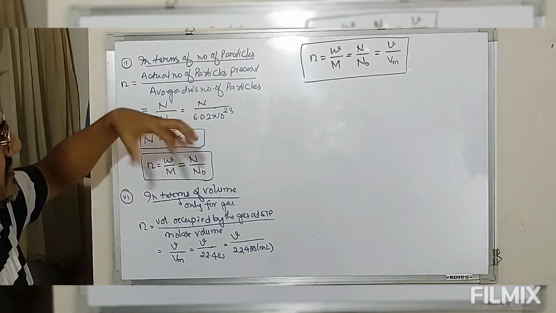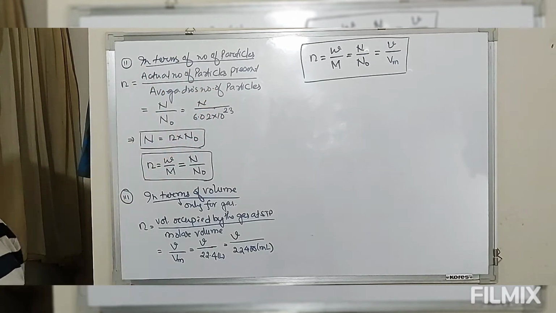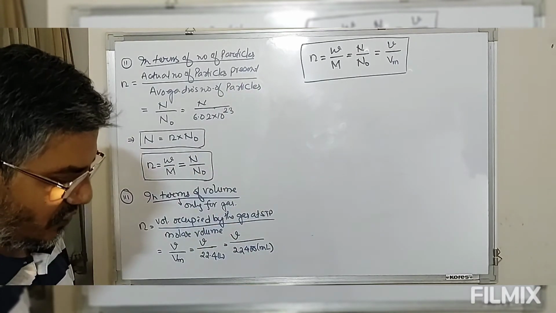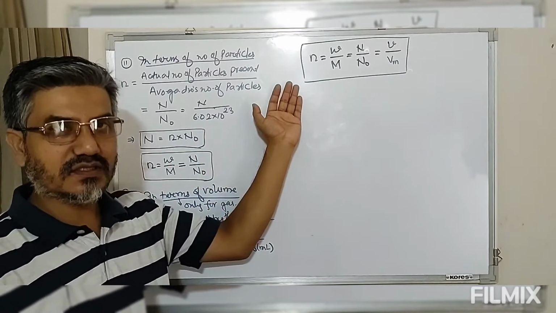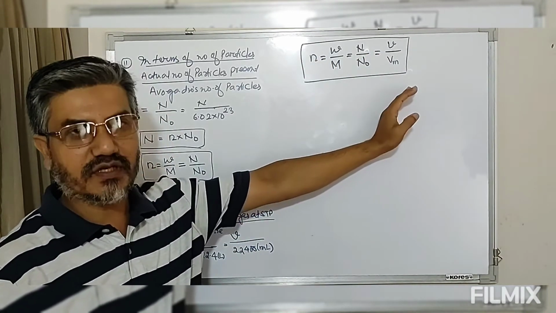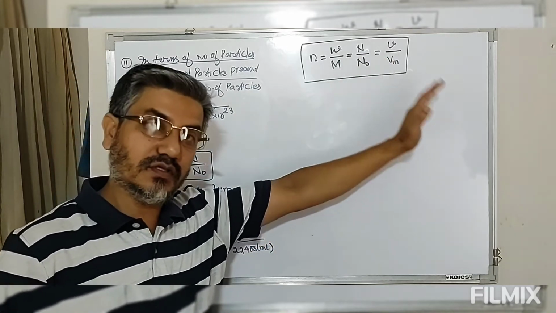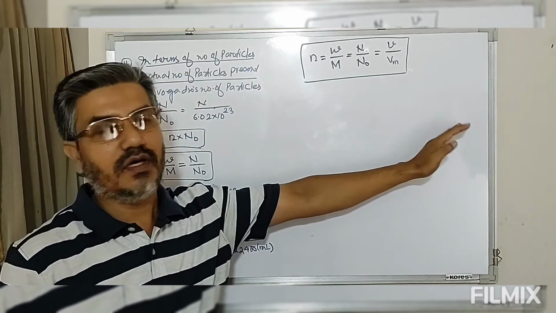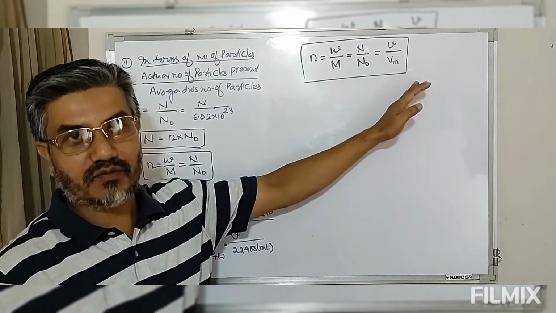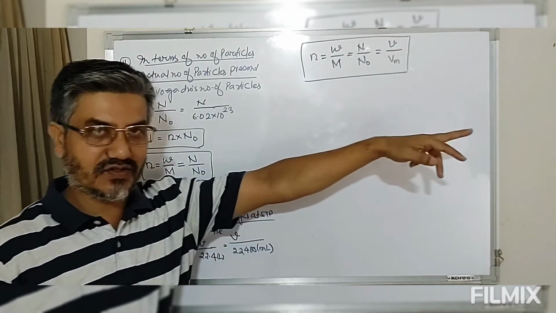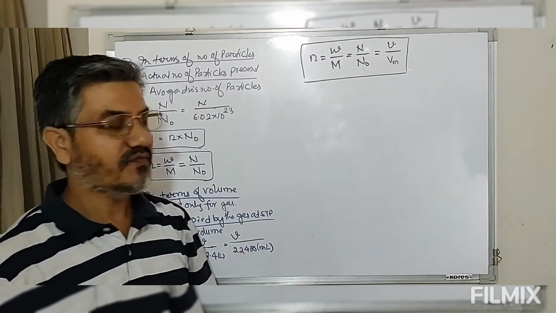So once we have this brief idea, number of moles. As I told you, this value 6.02 into 10 to the power 23 is also known as Avogadro number. This was earlier defined as 1 gram atom or 1 gram mole. Mass of 1 gram atom was defined as gram atomic mass. So this is nothing but mass of 1 mole of atom is known as gram atomic mass.